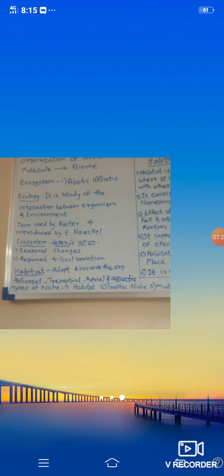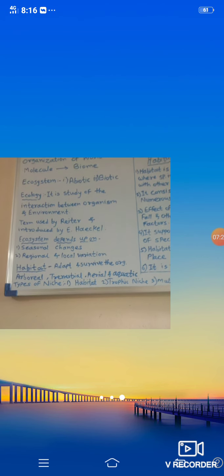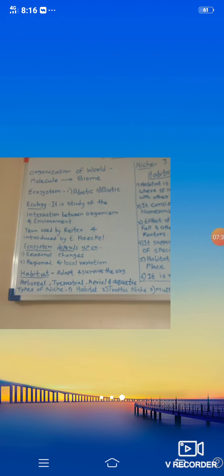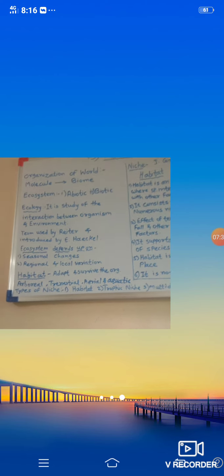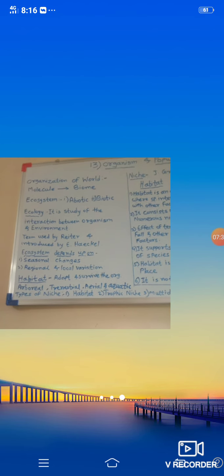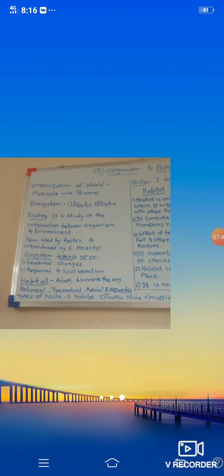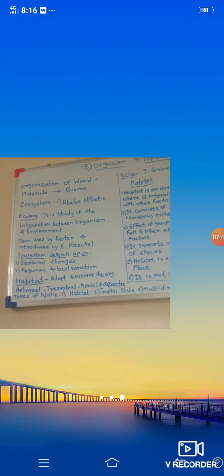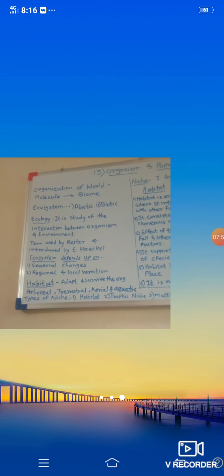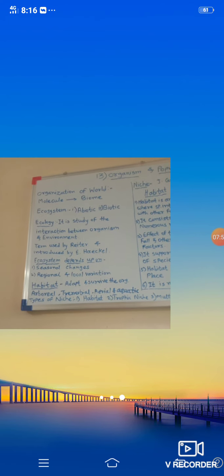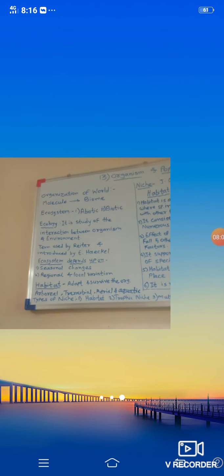Aerial means, like, the birds that are present or flying in the air or in the sky, called aerial habitat, and the fourth one is aquatic. These animals present or living in the water system are called aquatic habitat. So four types of habitats are present in organism and population.